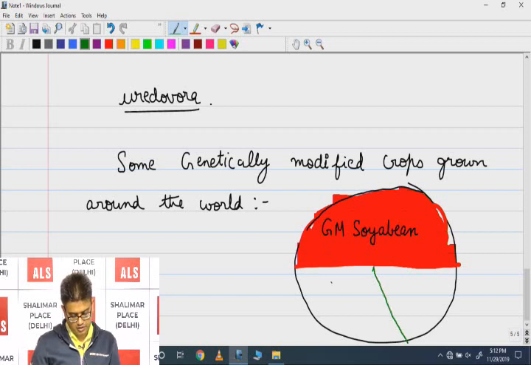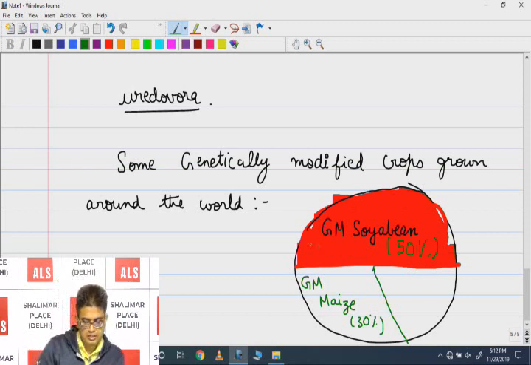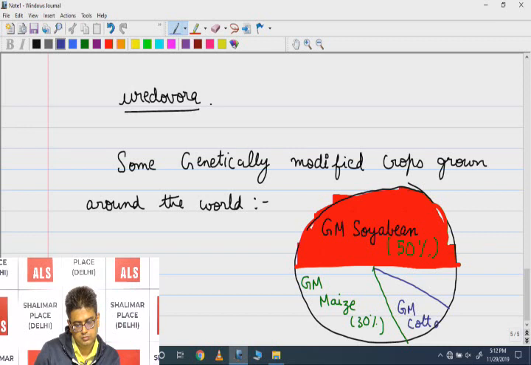This is about 30% genetically modified maize. 50% is soya bean. Then genetically modified cotton. It is about 14%.